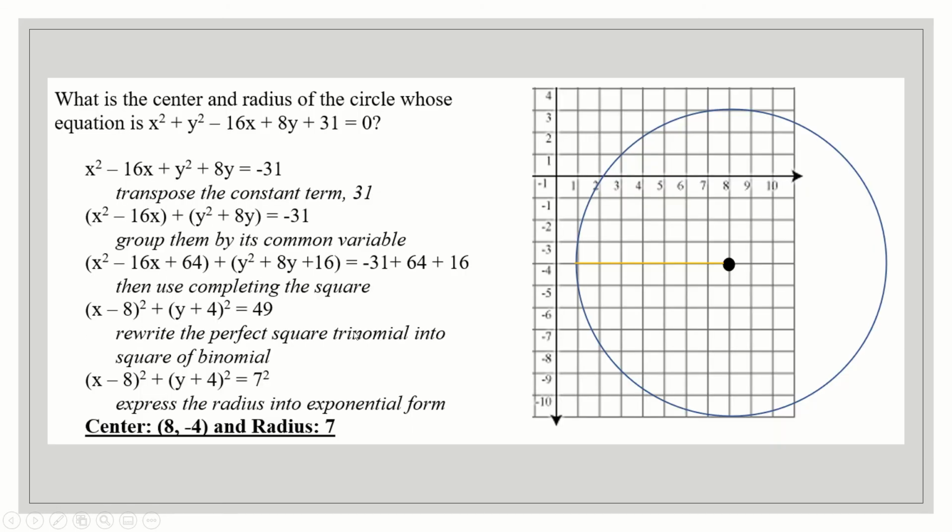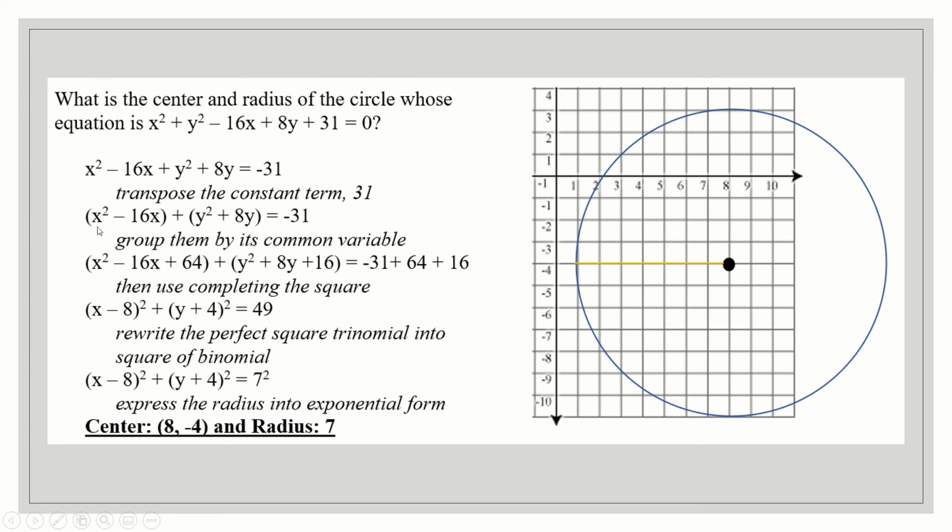Next. What is the center and the radius of the circle whose equation is x squared plus y squared minus 16x plus 8y plus 31 is equal to 0? Transpose the constant term 31 on the right side of the equation. Now we have x squared minus 16x plus y squared plus 8y is equal to negative 31. Next, group them by its common variable.